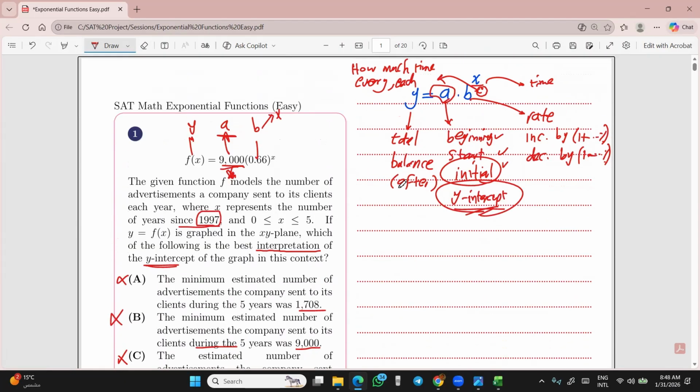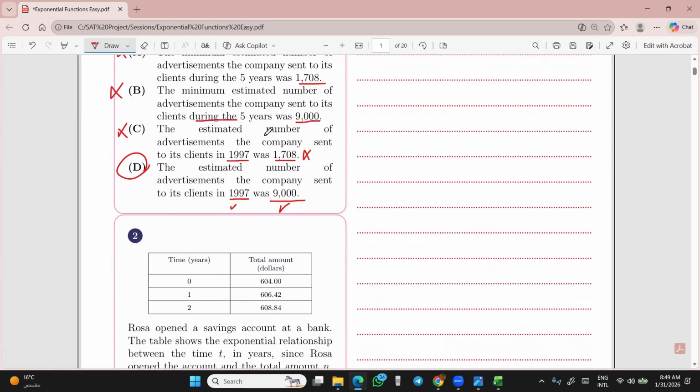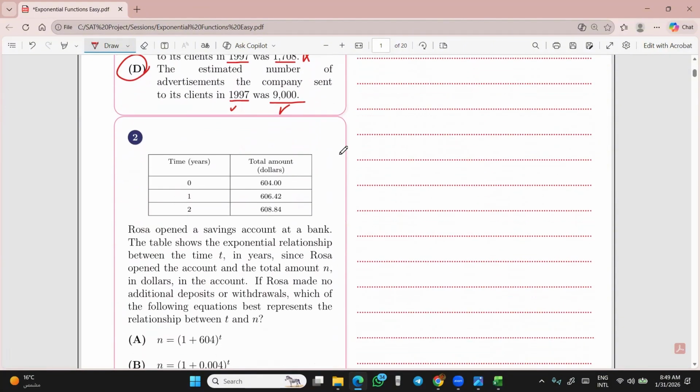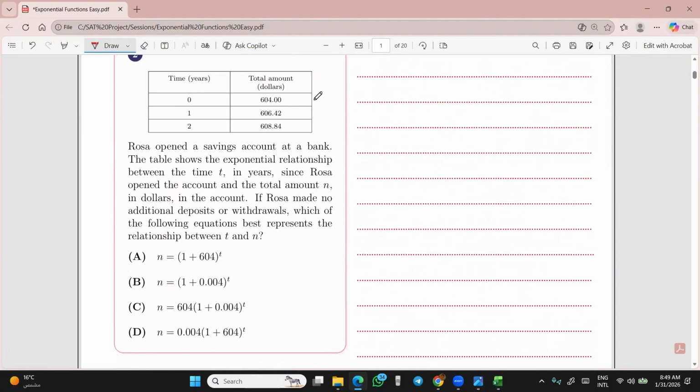So once you understand this, you can explain to yourself how to get A, how to get B, how to express every one of these words in the question or the application. Question number 2, we have a table. And how can we get the equation from the table?